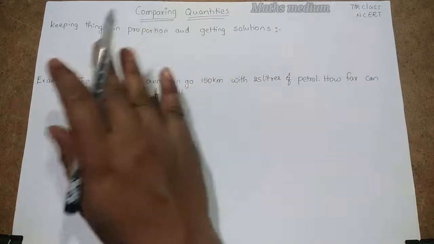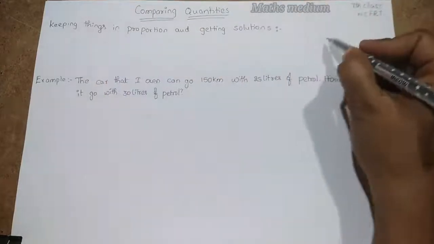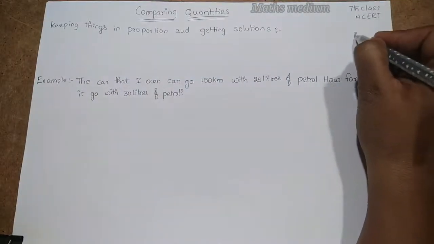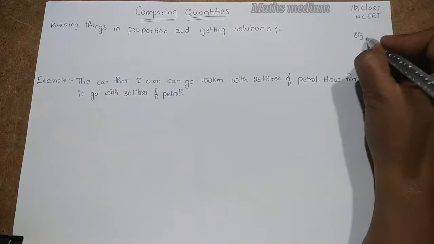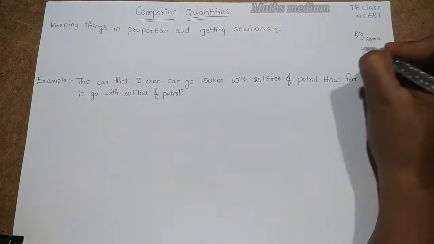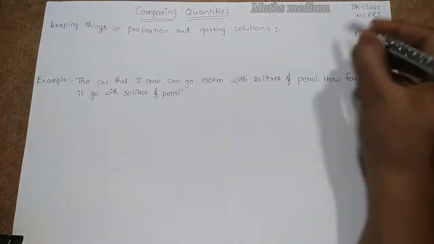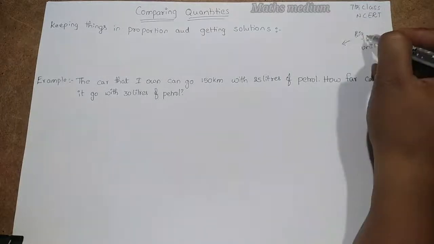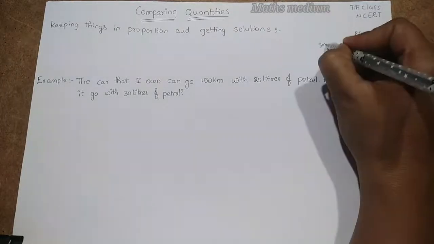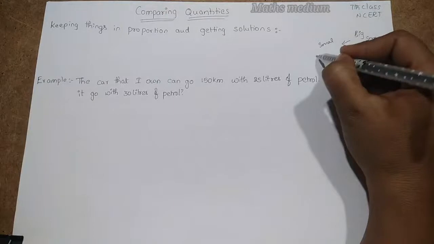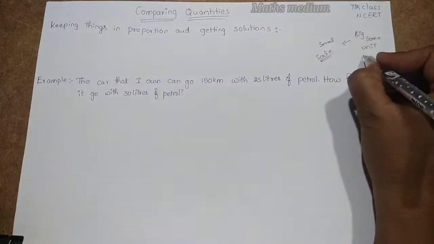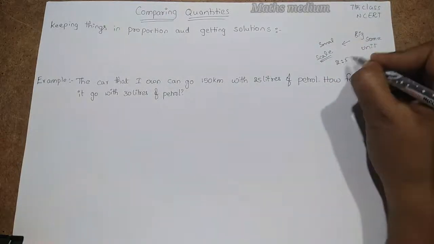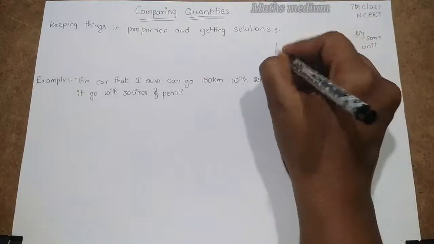So let's start. You can see any drawing, for example a big drawing with some units, it means some measurements. But in case you want to convert that big drawing into a small one, we have to take a scale, right? It may be like a 2:5 ratio. Take another example like bar graphs.